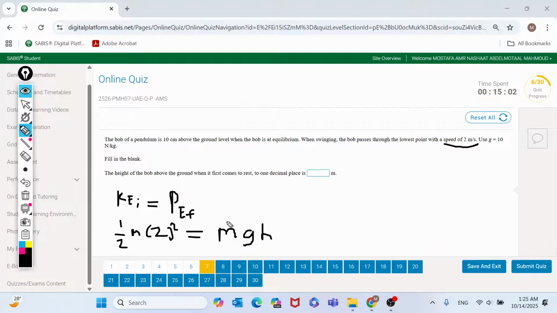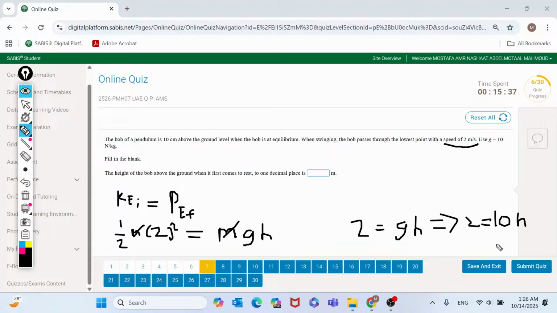The m's can cancel out. Let's simplify this. 2 squared is 4, 4 times 1 over 2 is 2, so you're going to have 2 equals gh. g is 10, so you have 2 equals 10h.